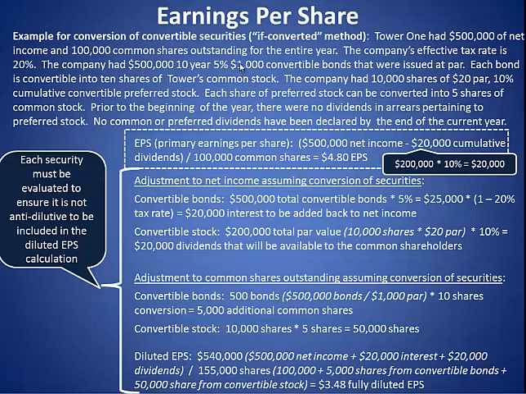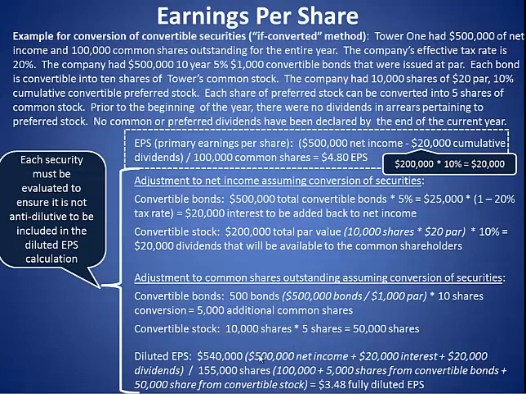I show that here, 500 bonds, computed by $500,000 worth of bonds divided by its $1,000 par value per bond, times 10 shares. That represents the 10 shares that you can convert each bond into. That means that in order to convert all the bonds, the company would have had to issue an additional 5,000 shares of common stock.